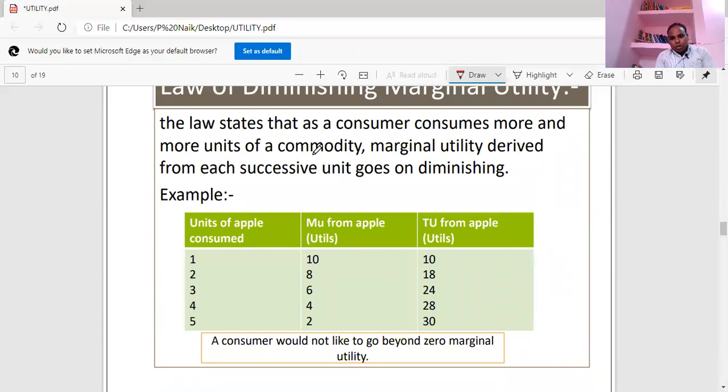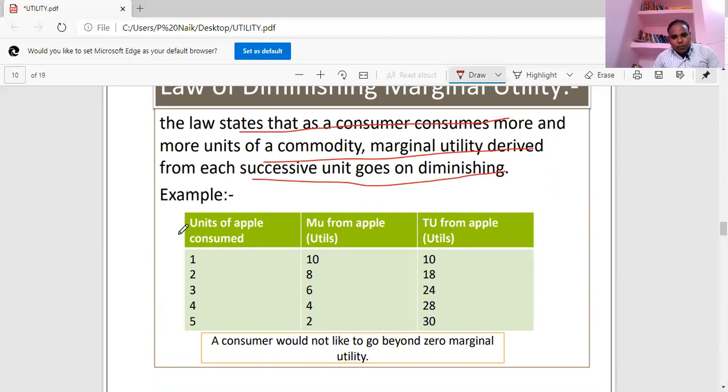Okay, this is the definition. You have to learn it by heart or recall this. It will be helpful to you in writing any examination.